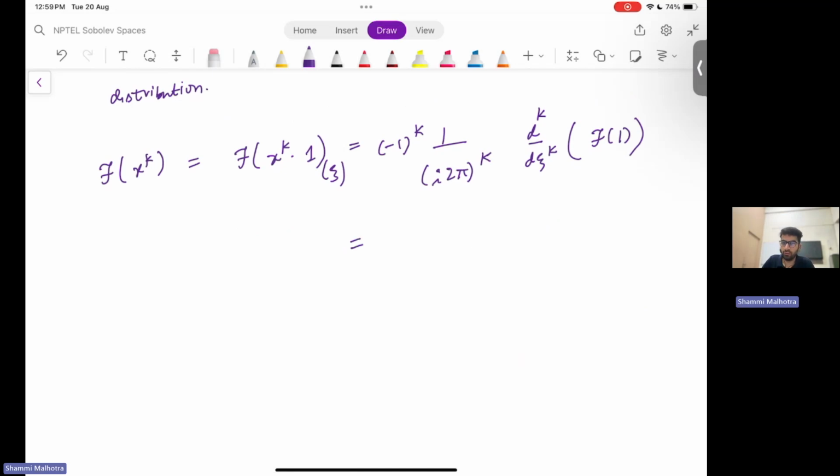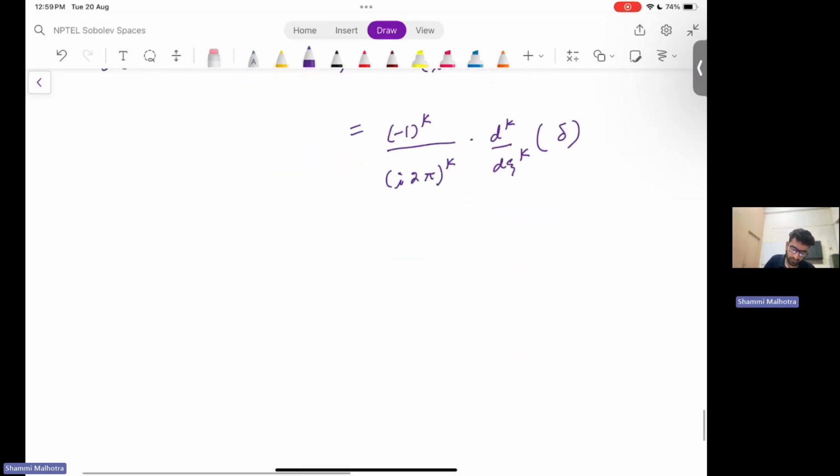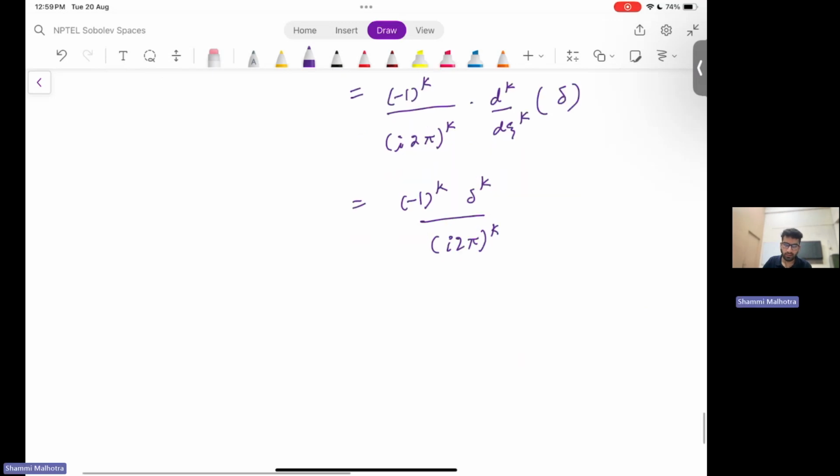The Fourier transformation of 1 is the Dirac delta, so this is (-1)^k over (2 pi i)^k times the k-th derivative of the Dirac delta. So this is the Fourier transformation of x to the power k.